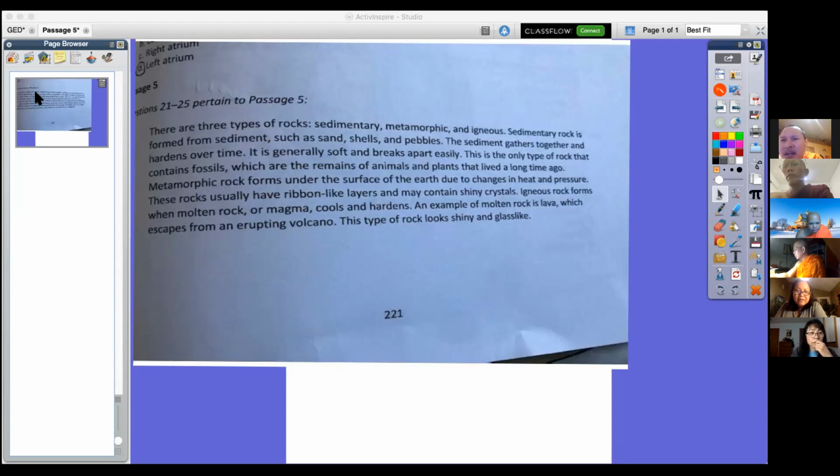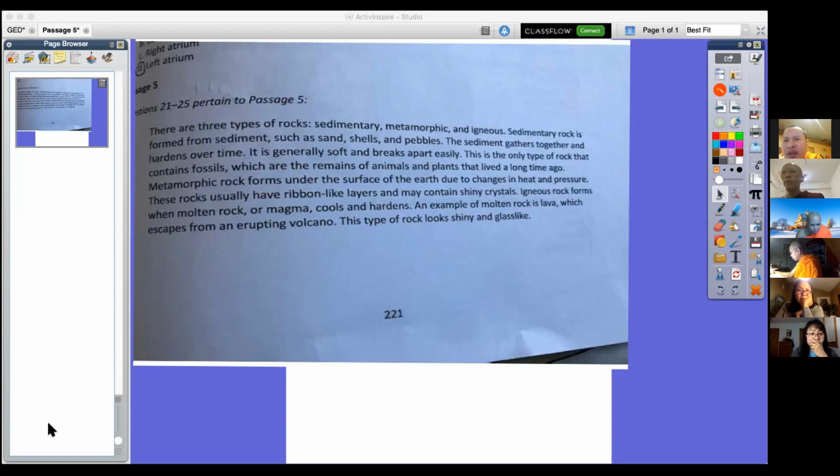Igneous rocks form when molten rocks or magma cools and hardens.